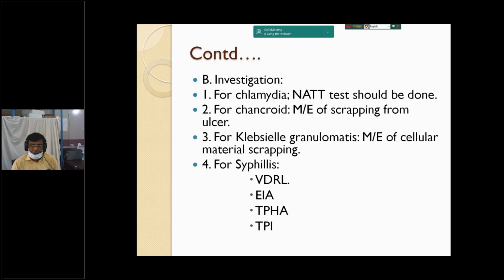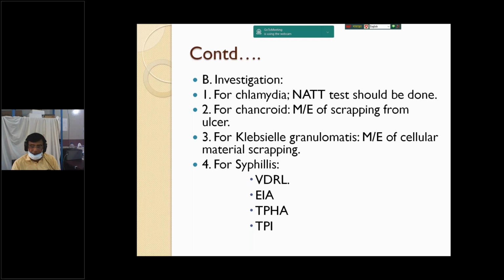Now, what are the investigations we can do for this patient's diagnosis? For chlamydia, NAAT should be done, nucleic acid amplification test. And for chancroid, we can do microscopic examination from scraping from the ulcer.